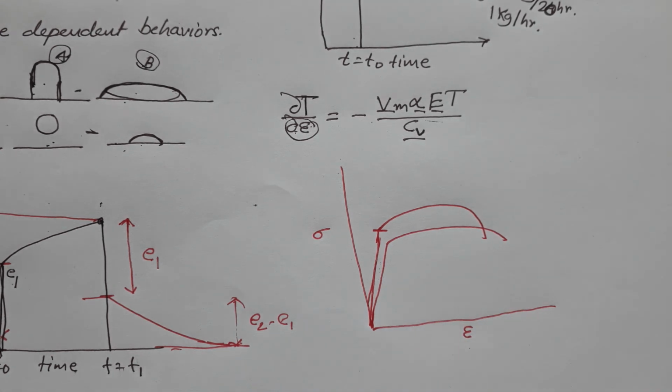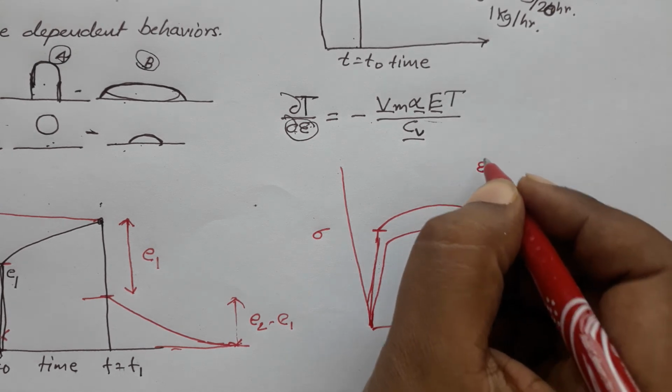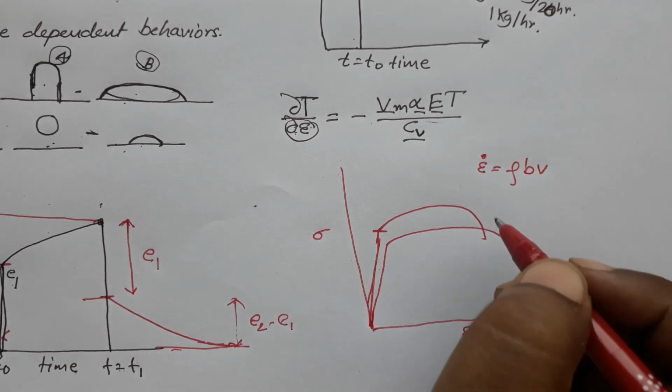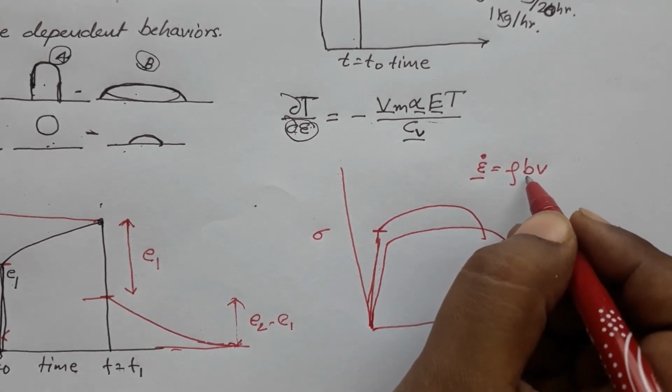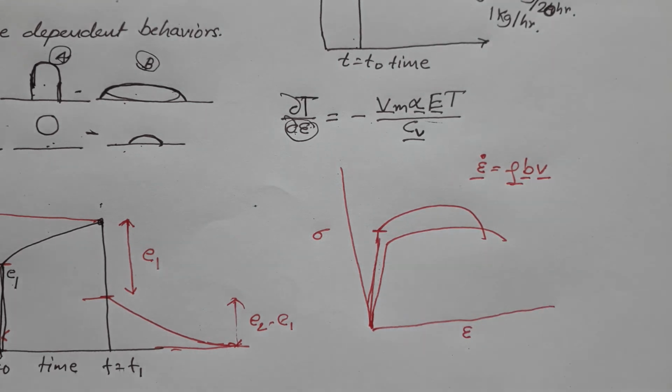This happens because you are not giving sufficient time for the atoms to move. You are not allowing the dislocations to have a certain velocity, right, and that is dependent on strain rate, if you remember this equation. So, strain rate is proportional to the Burgers vector, the velocity of dislocation and dislocation density.